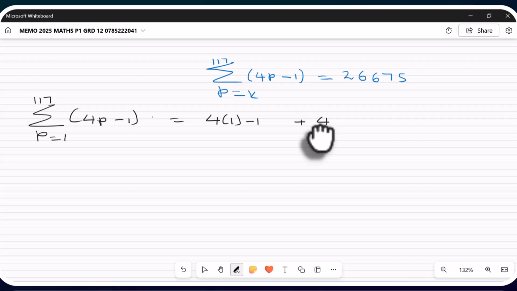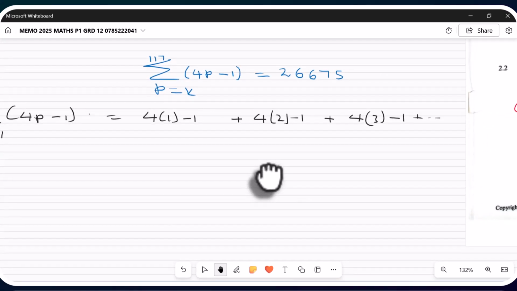Plus many times until this one here, which is 4 times 117 minus 1, which gives me, on my calculator, 467. So this is 467. Now this is my first term, and this is my last term here.